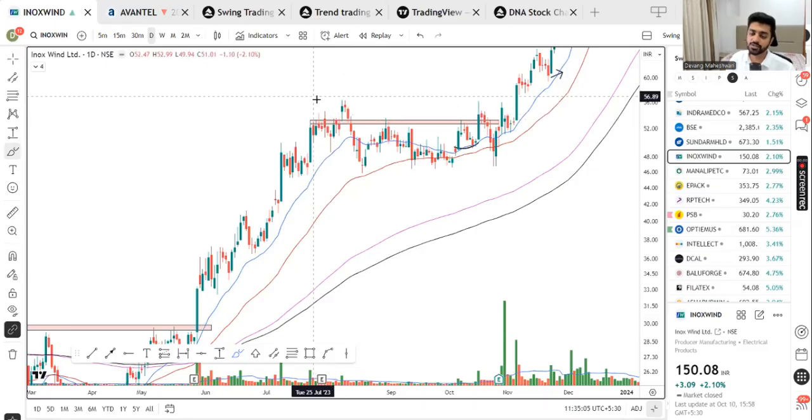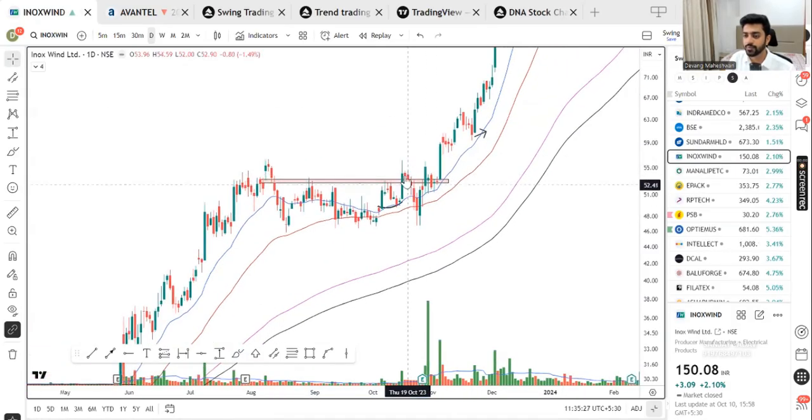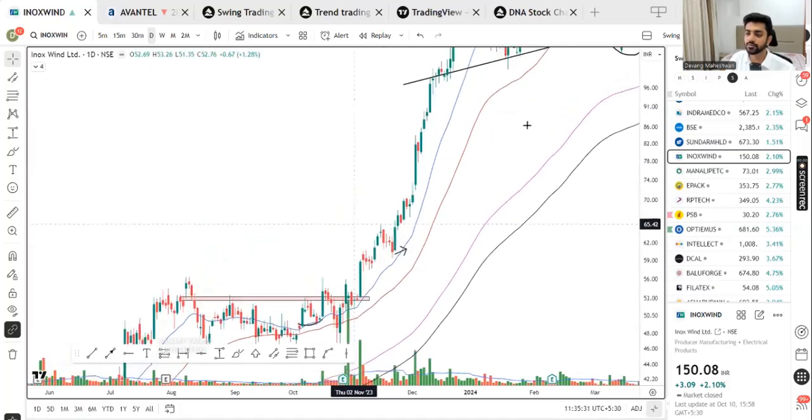We just have to understand where the majority supply zone is and try to remember it by which kind of base it is. Okay, so here you can see this is an up down base only. This is an up down base, and then it broke up here, failed. It failed again up here, again a breakout, and then the move happened.